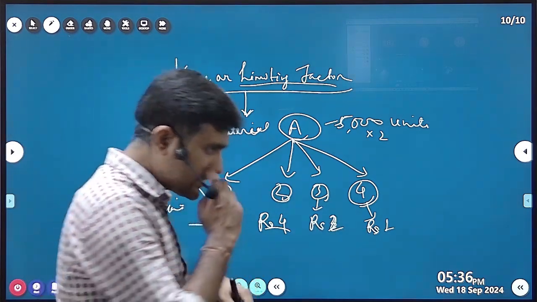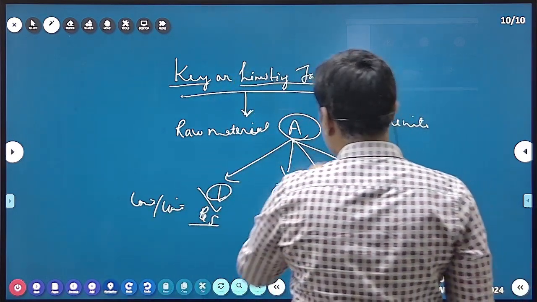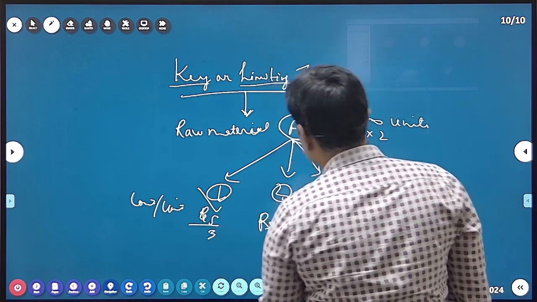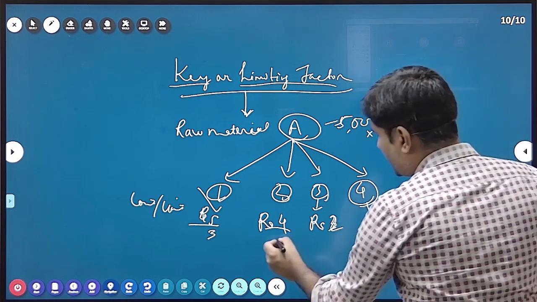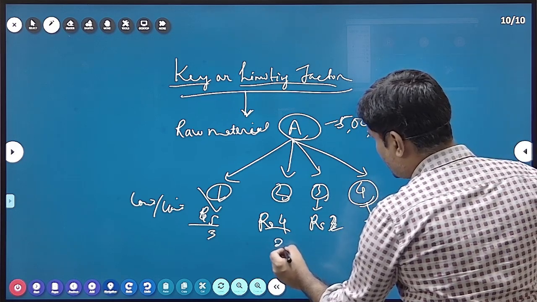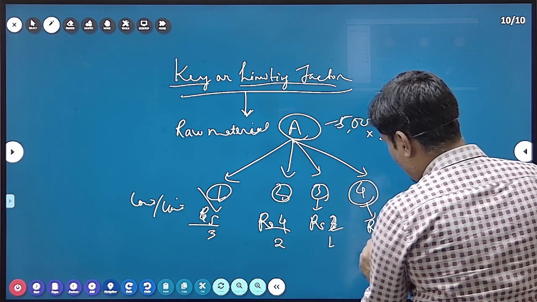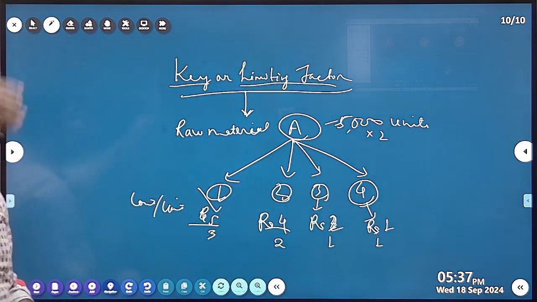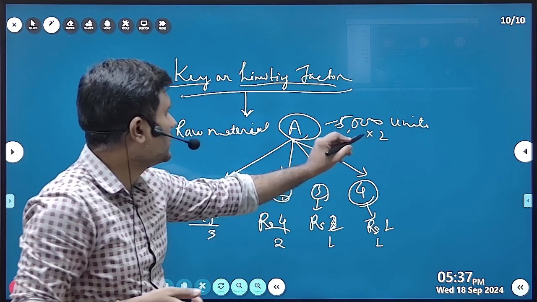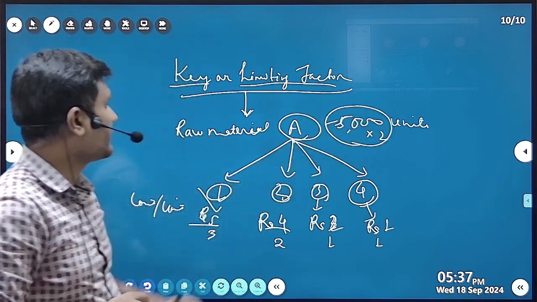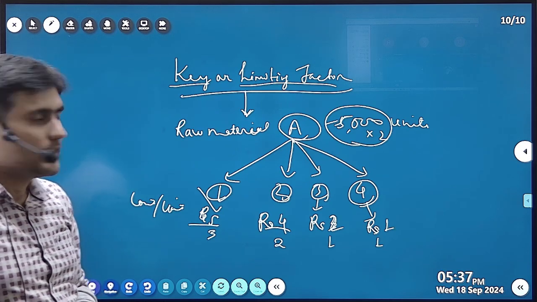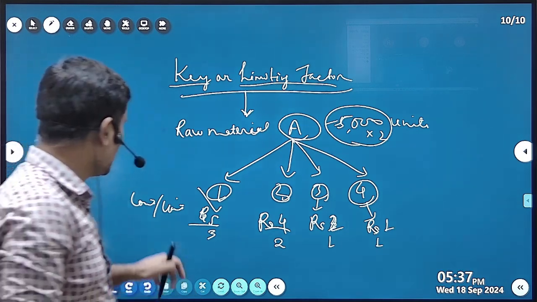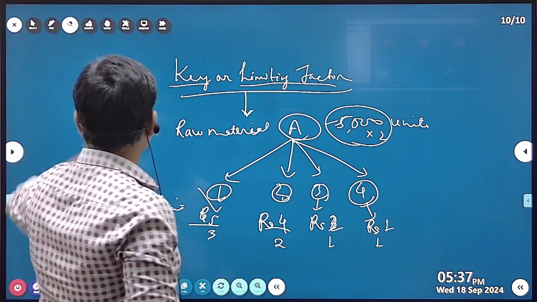Now, say for manufacturing 1 unit of product 1, you require 5 units of A. For the others, you require 2 units, 1 unit and 1 unit. Other resources are not scarce.